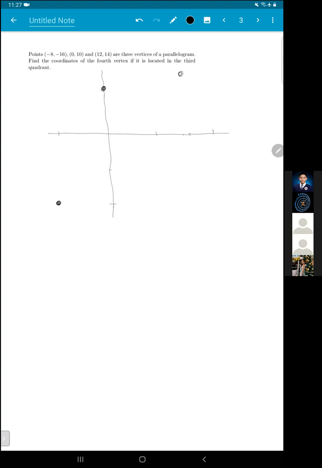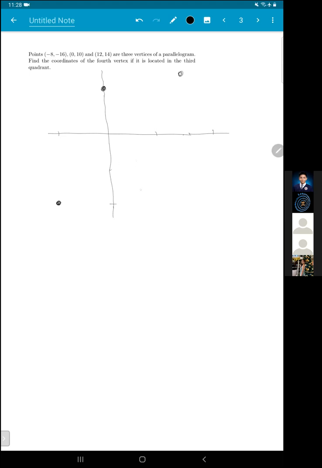So those are the points. So the fourth vertex makes, okay, if you connect the points or form a parallelogram using those points as vertices, the fourth vertex is chosen so that a parallelogram is constructed.